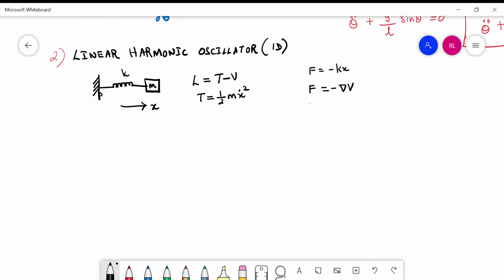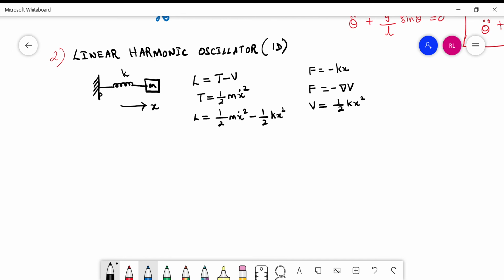So with the help of this, we can write potential is equal to half kx square, right? And once we write this, the Lagrangian L is equal to half m x dot square minus half kx square.